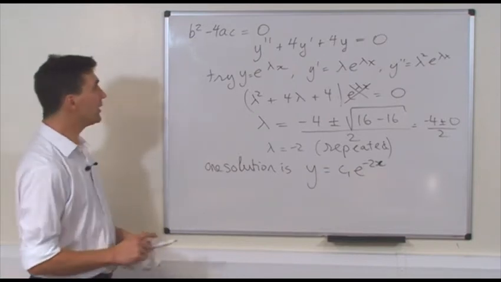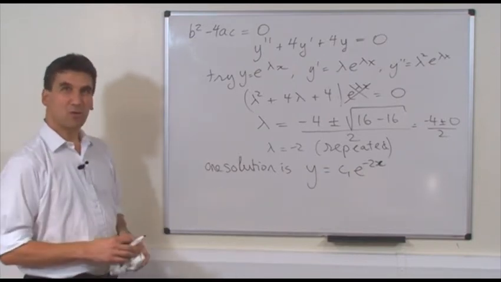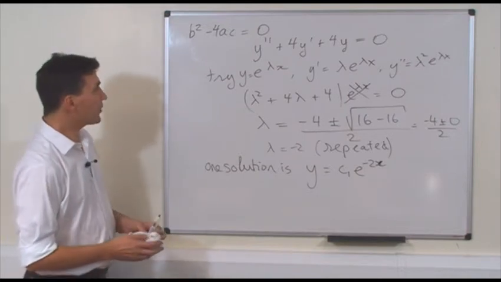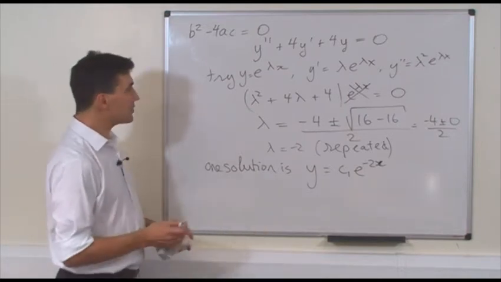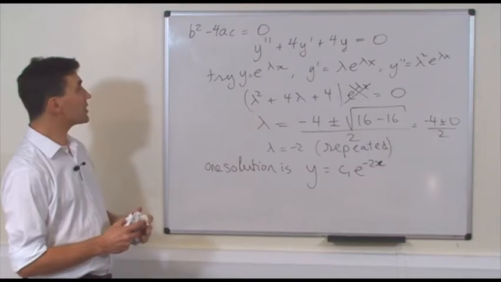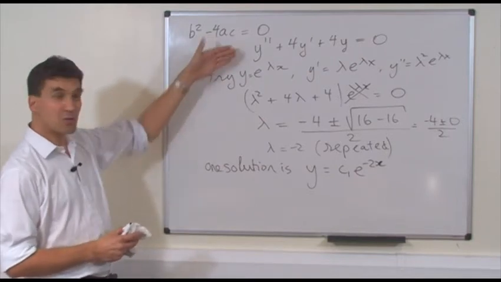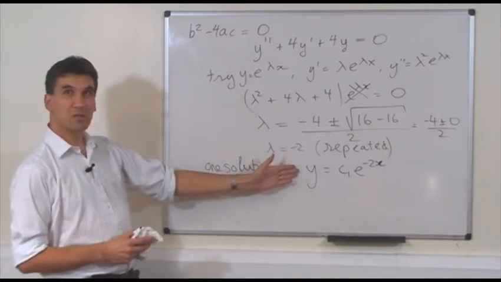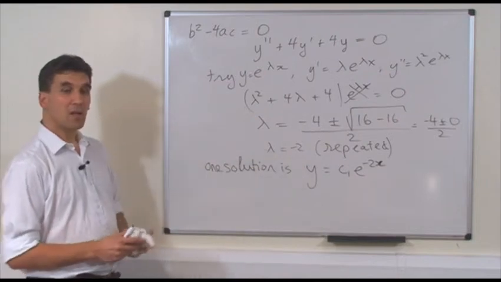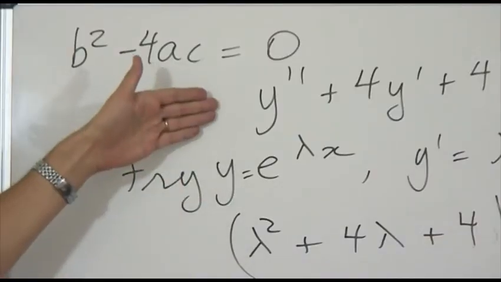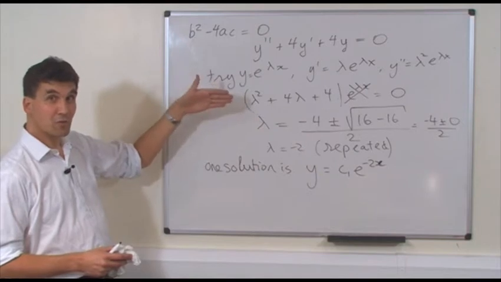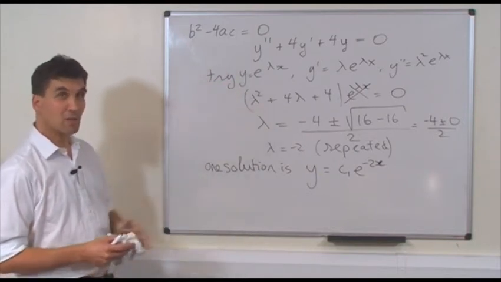So you can go and listen in more detail about reduction of order. But the way it works is if you've got a second order equation and you're told what one of the solutions is, reduction of order allows you to bring it down to a first order equation, which is something you can solve.